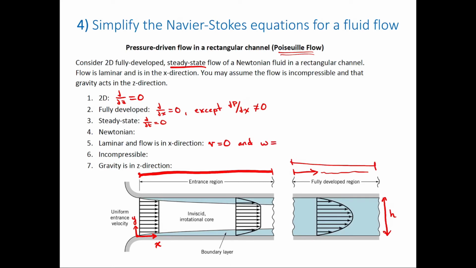It also means that our velocity component in the z direction is equal to 0. And that is true everywhere. Then incompressible, our density is constant. And then last, gravity's in the z direction. That means gx is equal to gy is equal to 0.